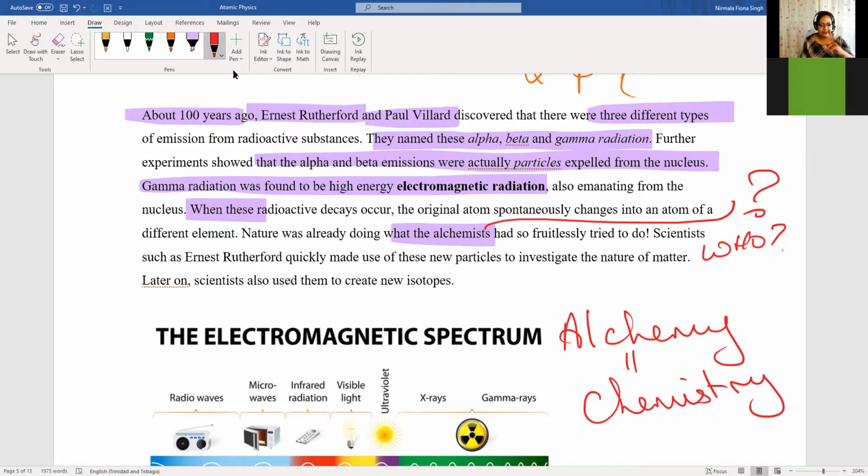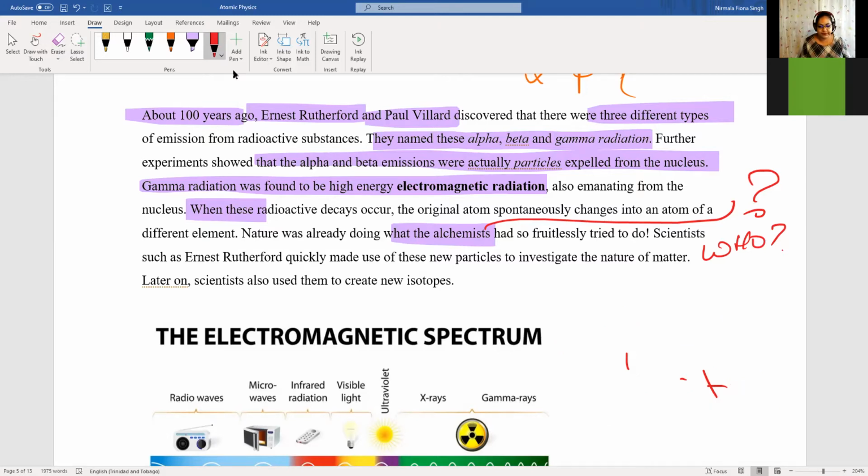Of course, they failed spectacularly. The people who got famous are those who cheated and put gold into their pots and said that they made it. So nature was already doing what alchemists had so fruitlessly tried to do.